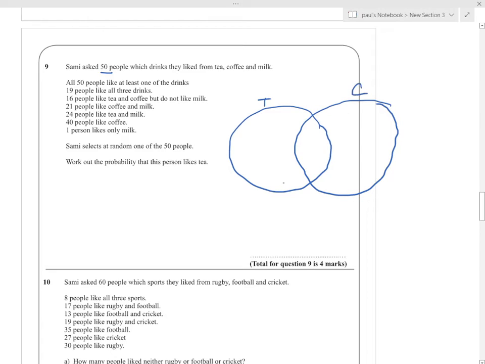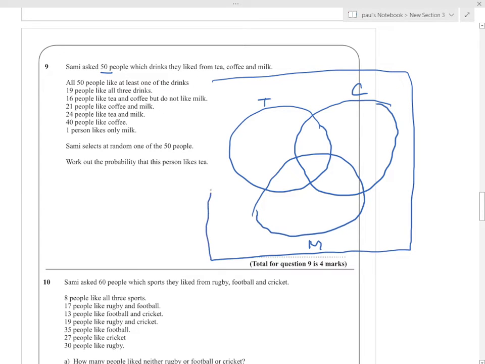We'll call that coffee, and we'll have one over here, and we'll call that milk. Now, 50 people like at least one of the drinks. All 50. So if we surround that with a box there, all 50 people like a drink. So nobody likes nothing.